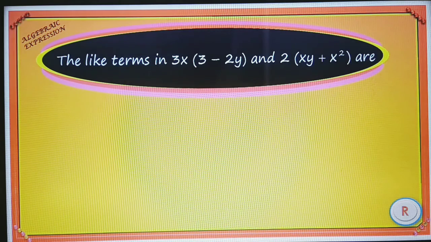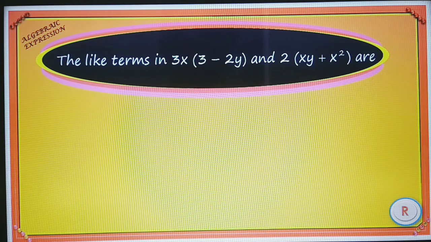Let us test ourselves on what we have learnt till now. We have the question: the like terms in 3 into (3 minus 2y) and 2 into (xy plus x square) are.